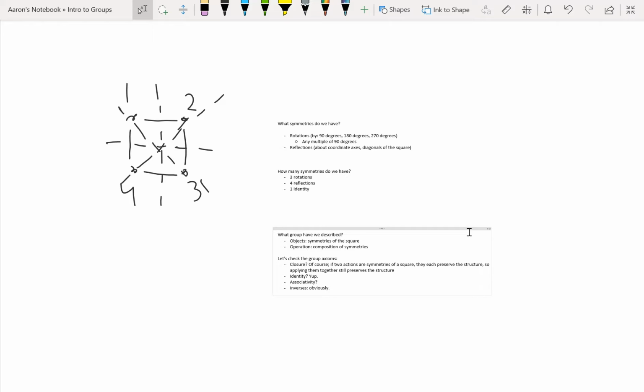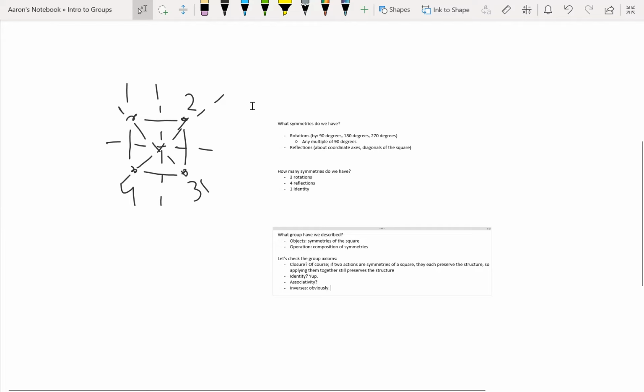This goes back to your question, by the way, of can things be their own inverses? Yes, you can have non-identity elements which, when you apply them twice, you get back to the identity. And reflections are an example of that. Of course, rotations have to have inverses because you could just rotate the opposite direction.